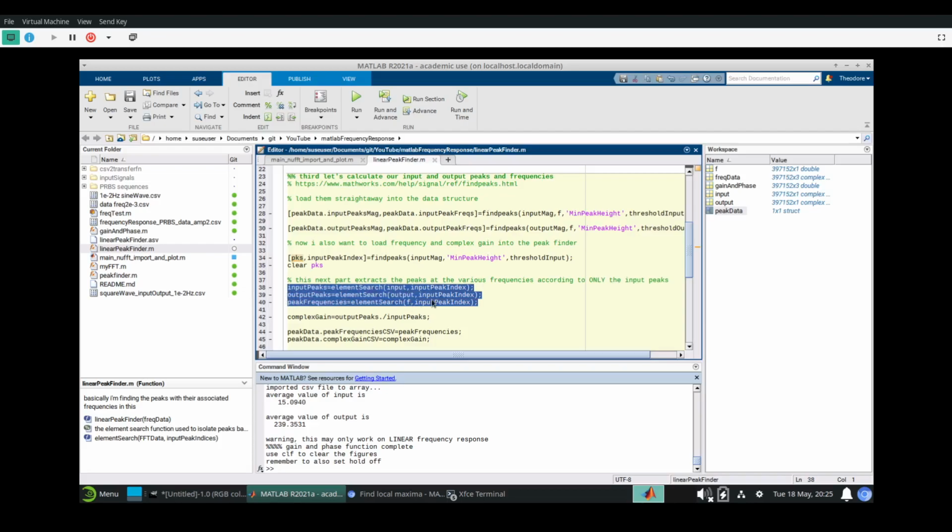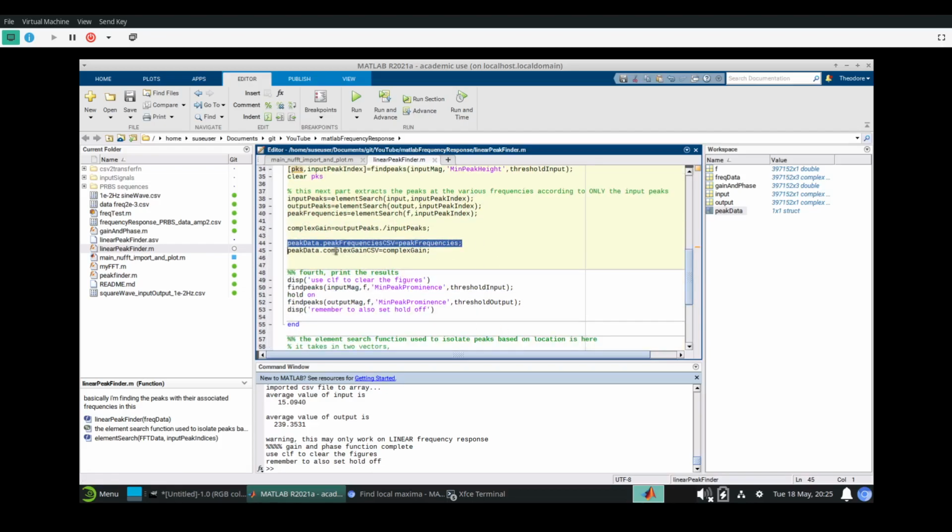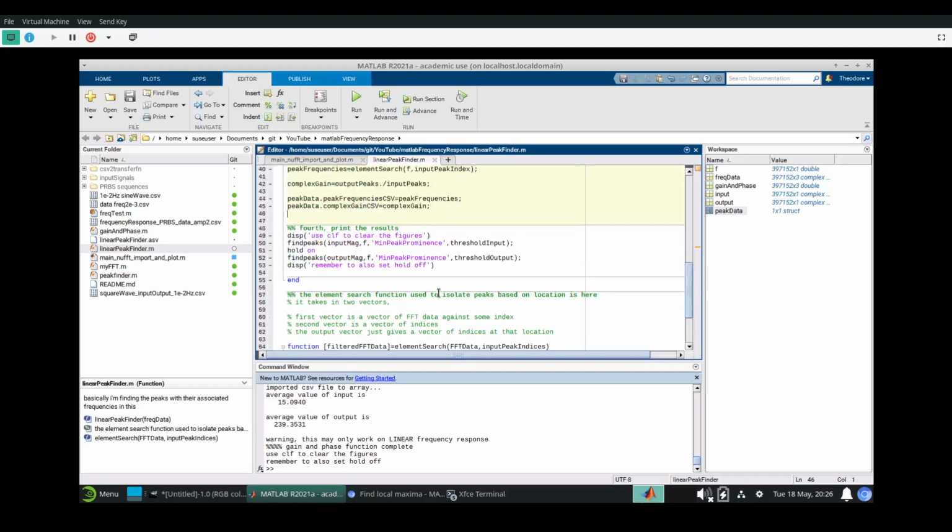All this is the same as before. Complex gain equals output over input. Peak data peak frequency CSV equals peak frequencies, and peak data complex gain CSV equals complex gain. I explained this peak finder code in a few videos prior, so I won't go through it again.